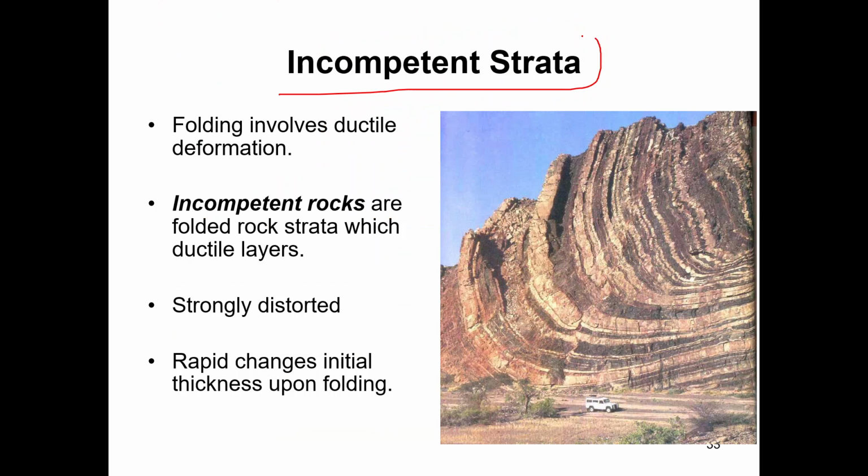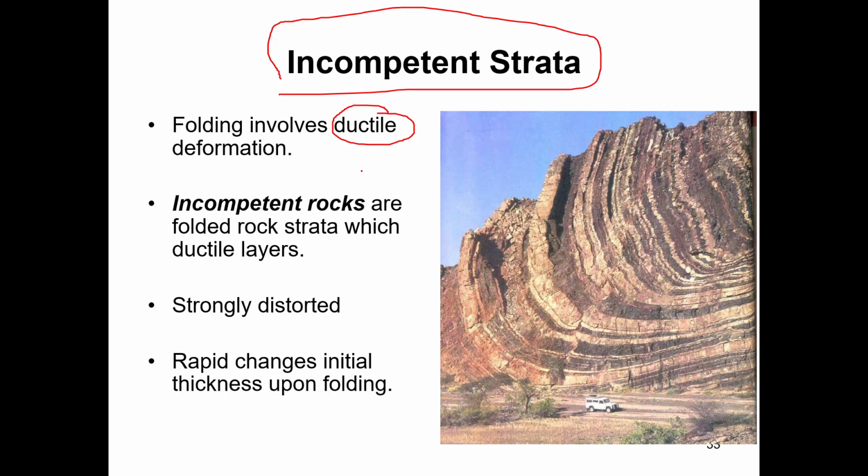Incompetent strata is about folds that involve ductile deformation. What is meant by ductile deformation? We have incompetent rock which folds, but the thickness of the layer is changed rapidly.